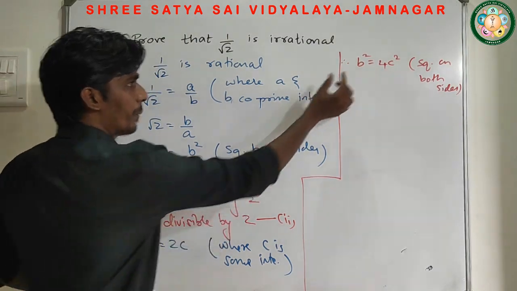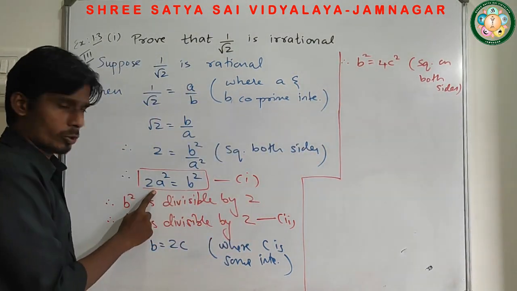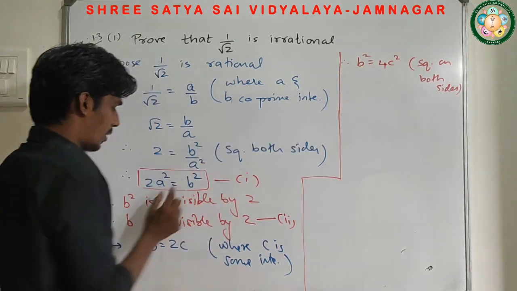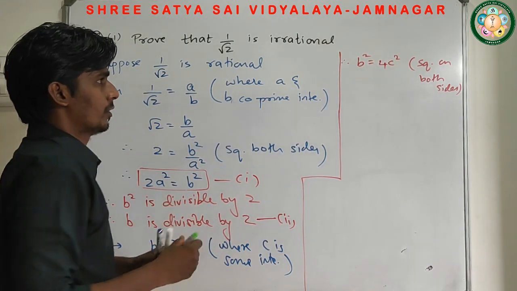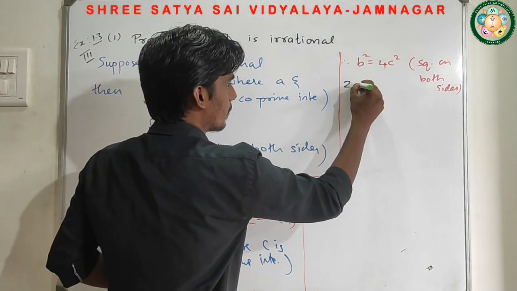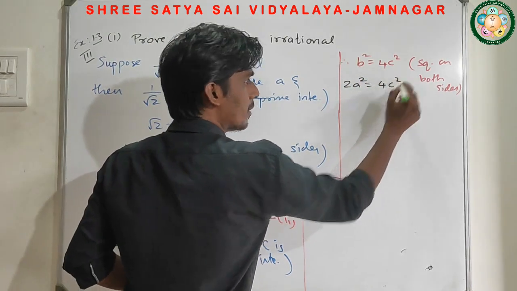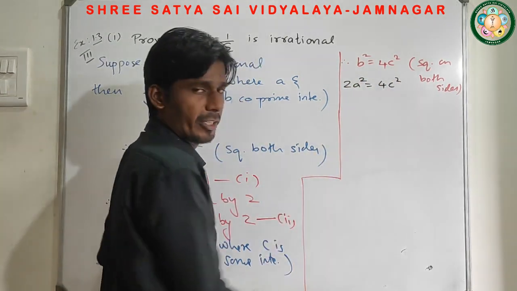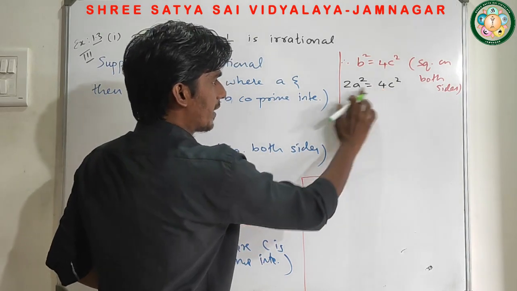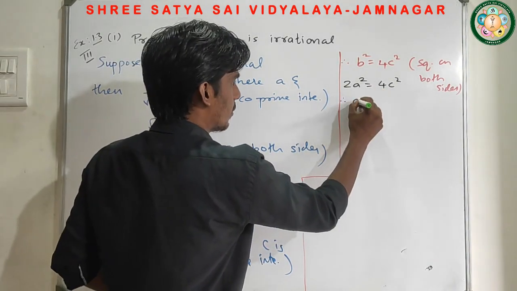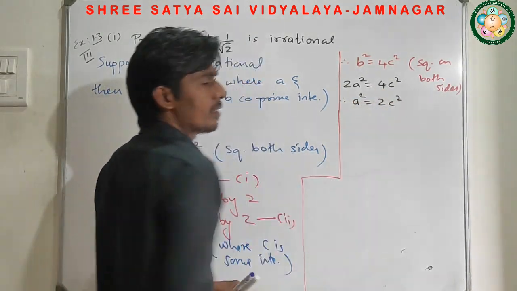Now we're going to replace the value of b square. b square is equal to 2a square. ये जो b square है उसकी जगह क्या आ जाएगा? 2a square. So instead of b square I'm going to write 2a square equals 4c square. Now if I take 2 to the denominator, 4 will cancel by 2 and this becomes a square equals 2c square.